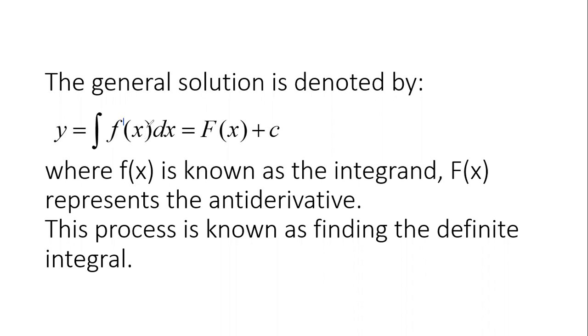So f prime of x, known as our integrand, is essentially our derivative. It's just how the general formula is denoted. So if you take the integral of f prime of x dx, you're going to get your original function. It represents the antiderivative, what you're looking for, and then we're still going to add that constant c.